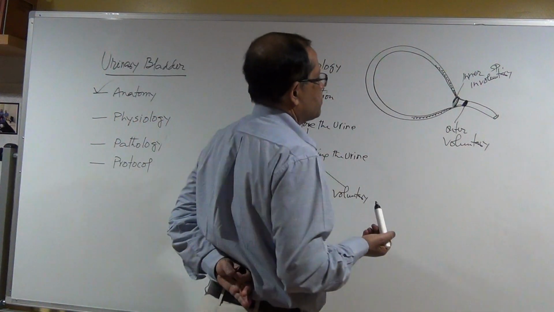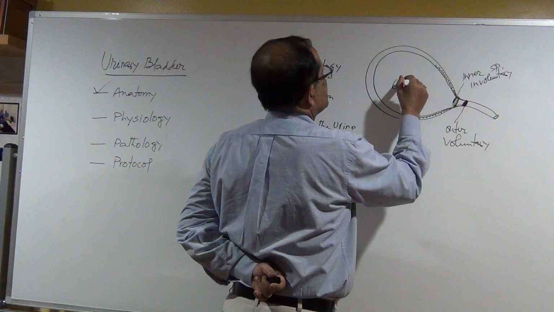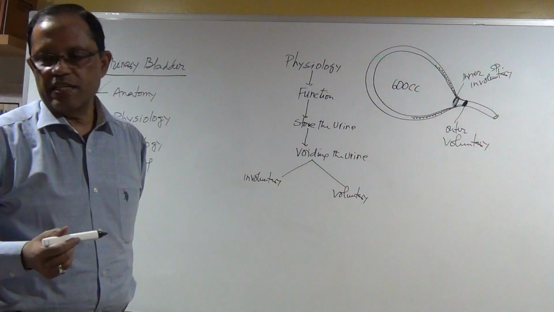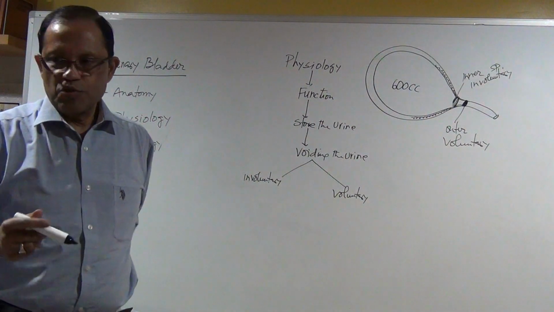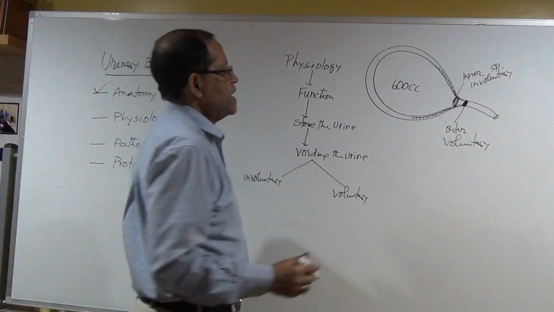Okay, so now give me the idea. Say for example, this is 600 cc, 600 cc or 600 milliliter of urine. So don't you think I need to go bathroom? Yes, this is enough.